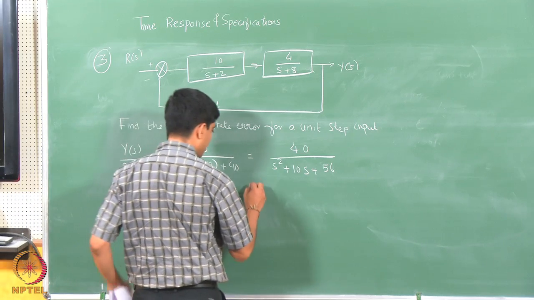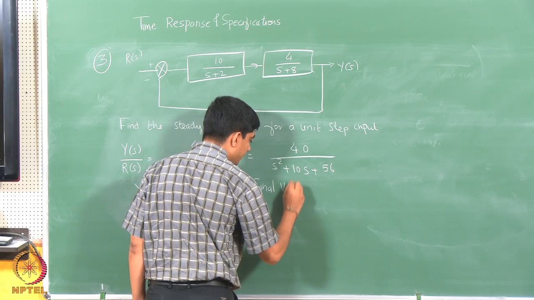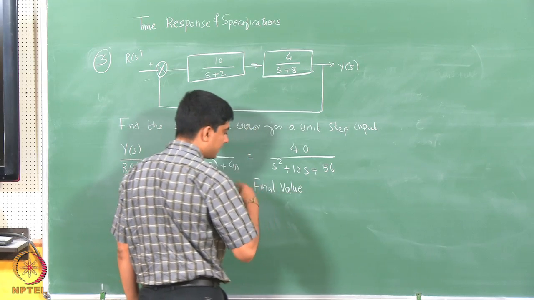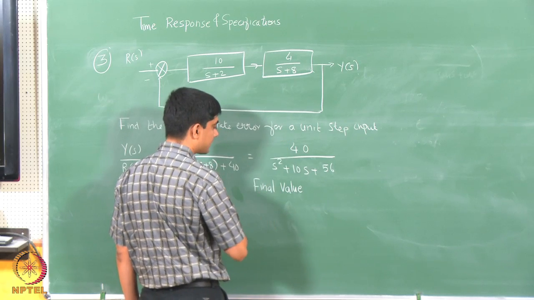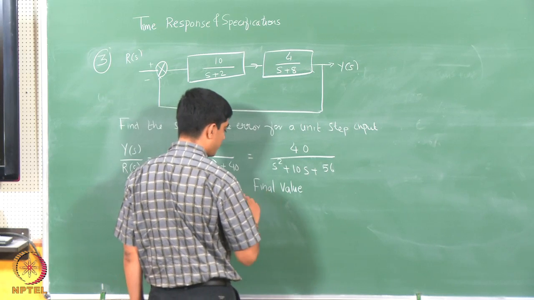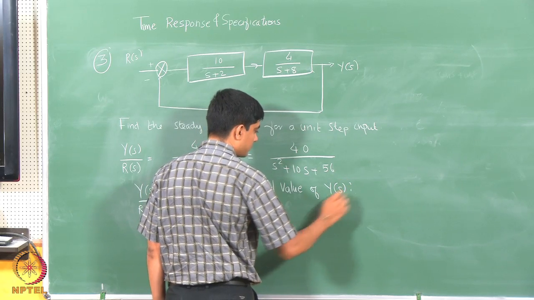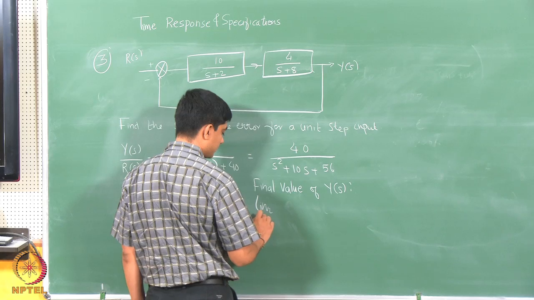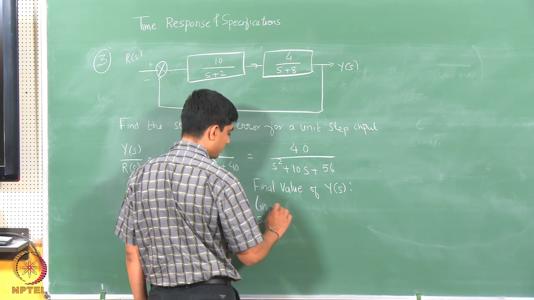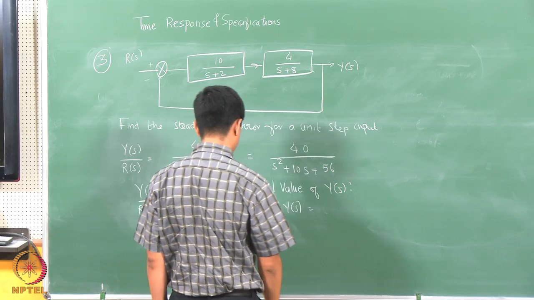And then I would compute what is the final value. I am not really interested in finding the entire signal with time, but I am only interested in finding the steady state error. So, what is the final value of y? The final value says limit s going to 0, s times y of s, for a step input.